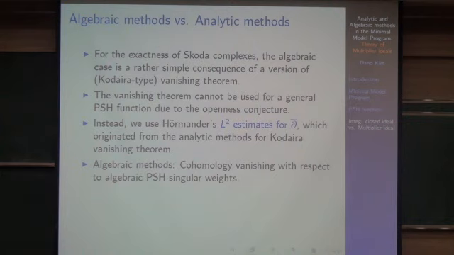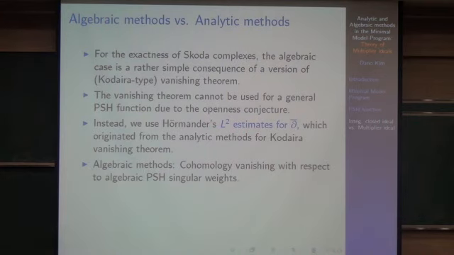So solving this d-bar equation is closely related to constructing holomorphic objects. We used these methods for this particular problem of exactness of Skoda complexes, but they are being used for many other problems in algebraic geometry.